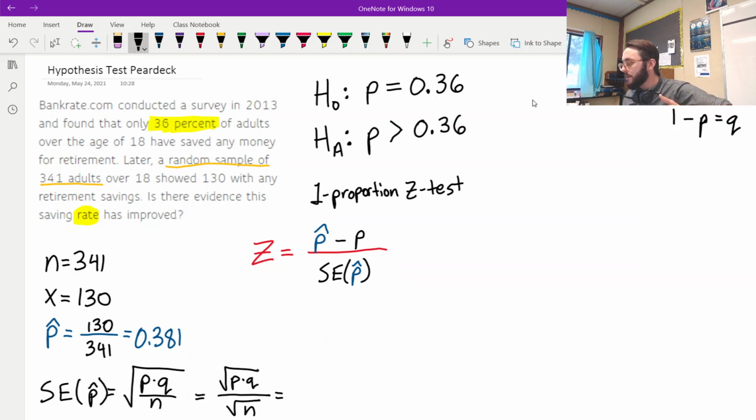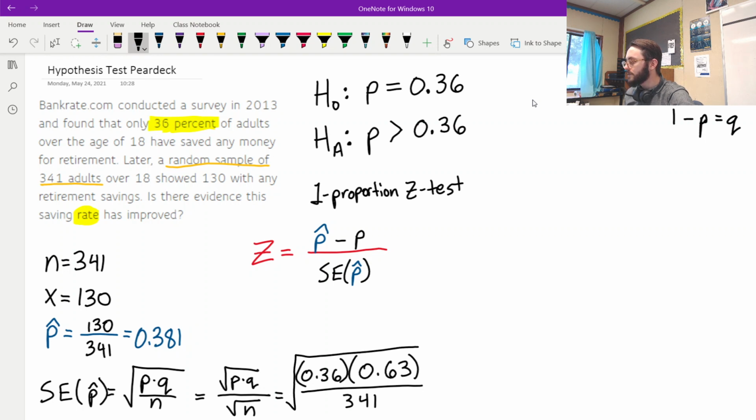Okay, but our p is 0.36, which means our q, 1 minus p, so 1 minus 0.36, would be 0.63, divided by 341, and then the square root.